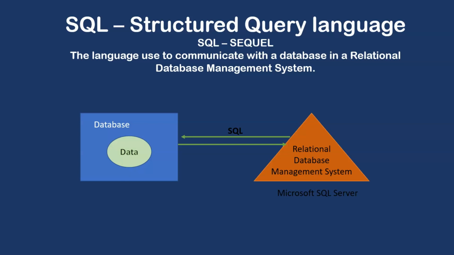So when we typed create database computers, create database restaurant, that is SQL. When we deleted our database using the drop command, drop database followed by the name of the database, that is SQL. So SQL is the language that we use to communicate with a database in a relational database management system.